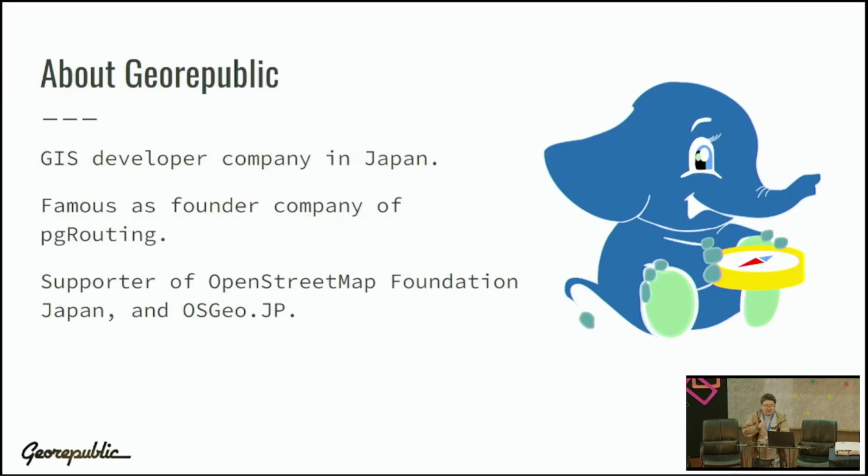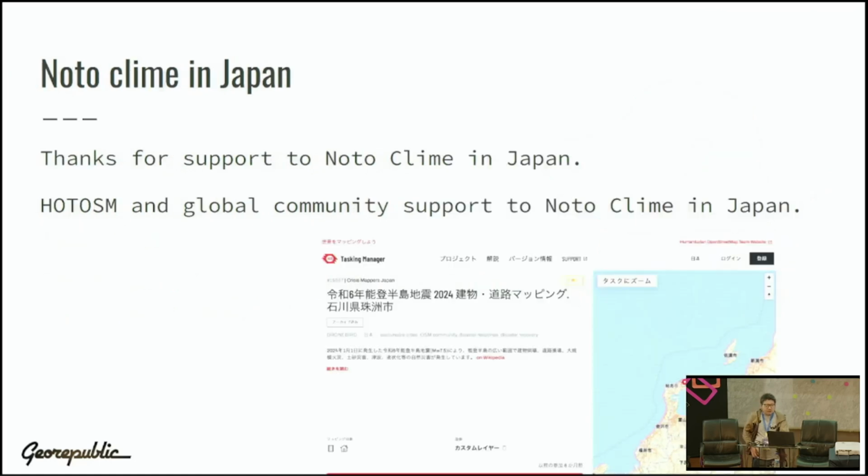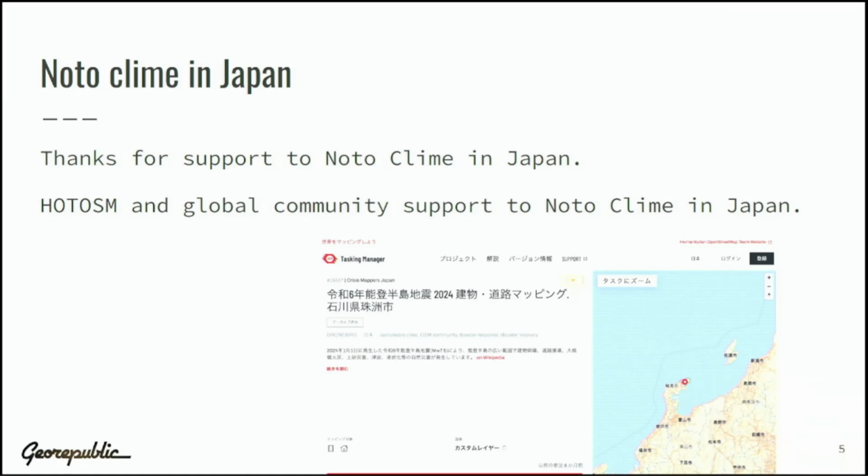My company is famous as the founder company of pgRouting, and our company supports many activities in Japan. Our main work in Japan is disaster response. So thank you very much to OSM and the global community from Japan.